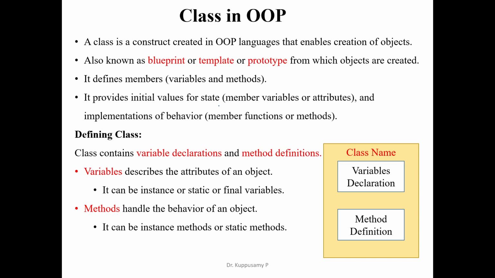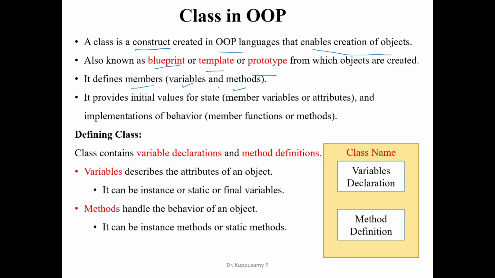How is a class defined here? Look at this. The class is a template used in OOP languages to enable the creation of objects. Another name is blueprint, template, or prototype. The members of the class are variables and methods.